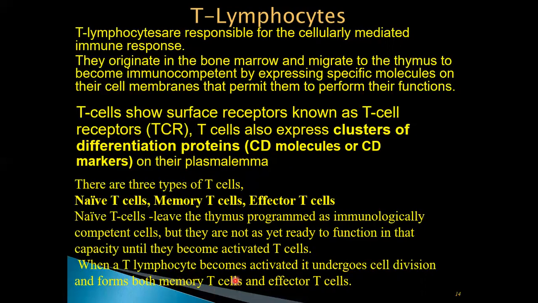And how do they become activated? When they are exposed to an antigen. Whatever the antigen, pathogen, bacteria, or virus, it is identified by and attached to the T cell receptors, and now they become activated.